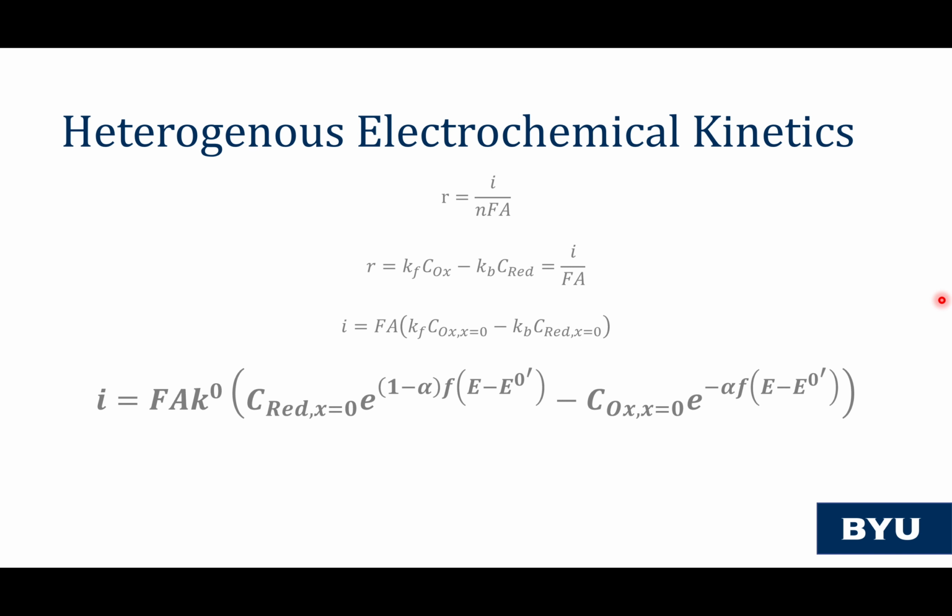So let's put it all together into this nifty expression here. And how we're going to do that is we need to correlate between the rate of reaction and current. So we define the relationship here on the top line. And then remember, we're assuming that there's only one electron being exchanged.